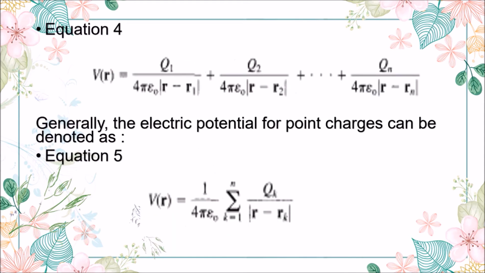The superposition principle, which we applied to electric fields, also applies to potentials. For n point charges Q1, Q2 till Qn, located at points with position vectors R1, R2 up to Rn, the potential at R is given by equation 4. Generally, the electric potential for point charges can be denoted as shown in equation 5.